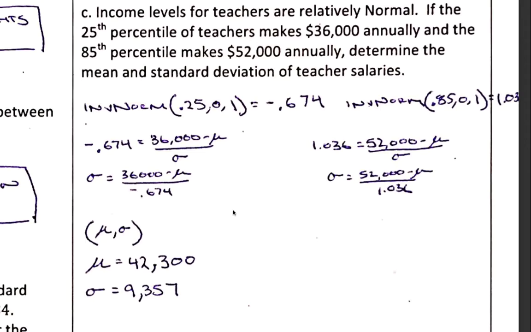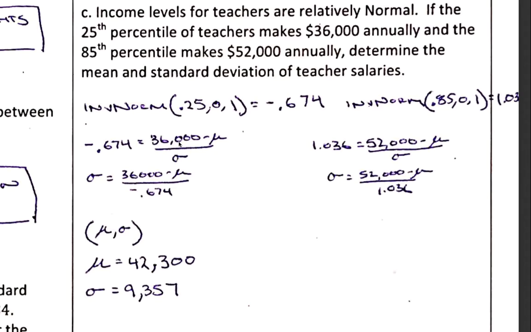So we're looking for two variables, mean and standard deviation, which means I want to set up a system of equations. What I'm going to do first is to get those equations, I'm going to realize that the z-score formula, the z-score equals my value minus the mean divided by the standard deviation. That's where my equations are going to come from.